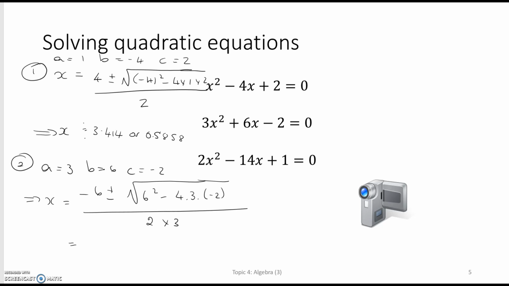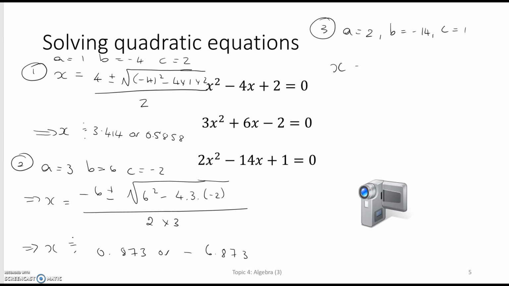And checking that on the calculator, we find that x is equal to approximately 0.873 or approximately negative 6.873. And for the third one, A equals 2, B equals negative 14, C equals 1.